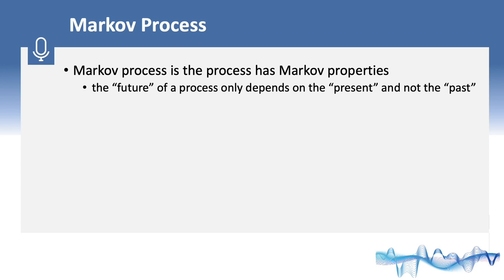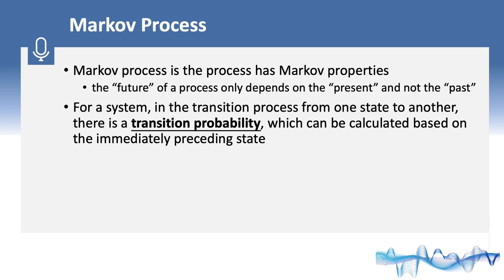After conducting in-depth research, Markov pointed out that for a system, in the transition process from one state to another, there is a transition probability, which can be calculated based on the immediately preceding state.